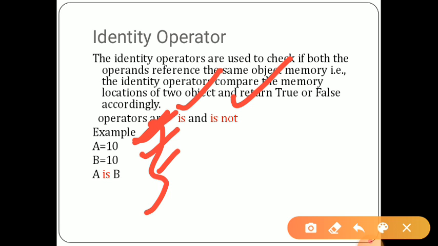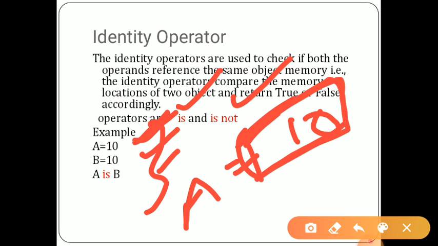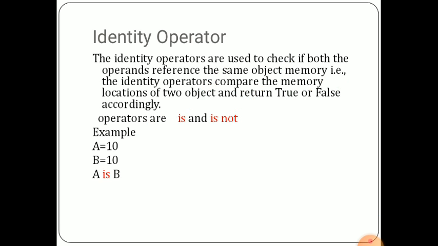Because the value 10 is stored in a particular memory location, and that address is assigned to the variable A. When we give the same value to the variable B, it assigns the same memory location to B. So in both cases the memory locations are the same, and that's why it returns true.